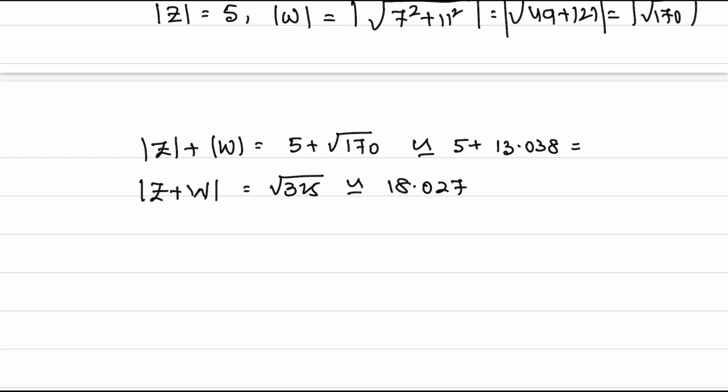This is equal to 18.038. It is 18.027. That means the modulus of Z plus W is lesser than the individual modulus of Z and W.